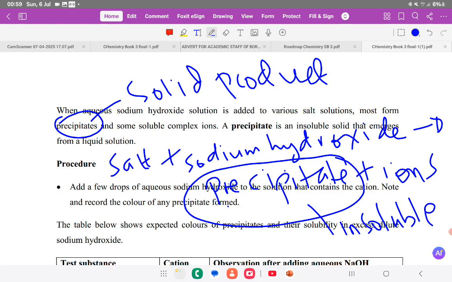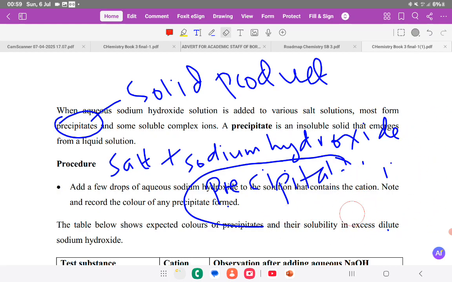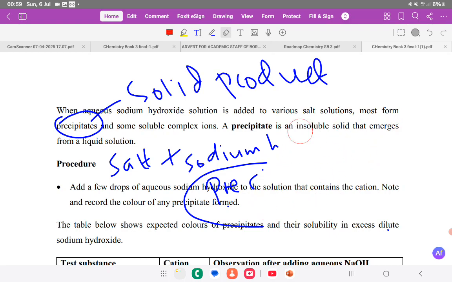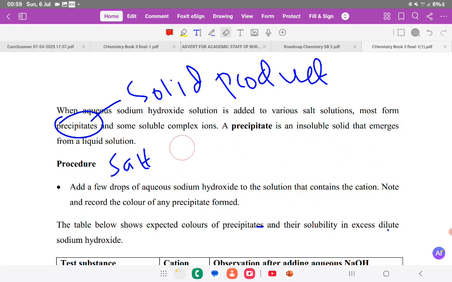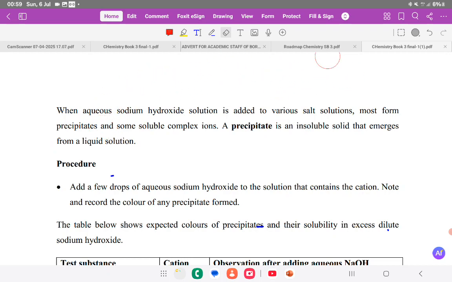All right, so the protocol or the procedure involved, which I'd love you to listen to very carefully. You simply add a few drops of aqueous sodium hydroxide solution to the solution that contains the cation.